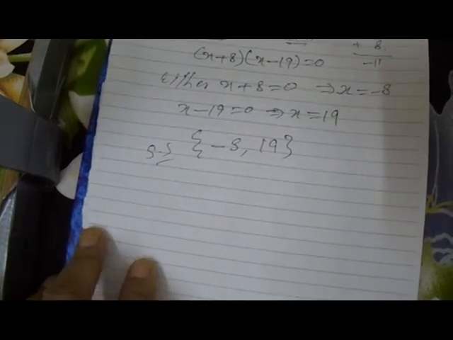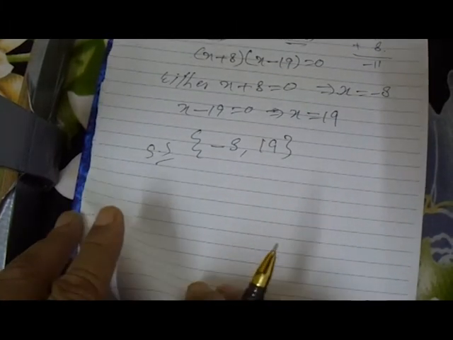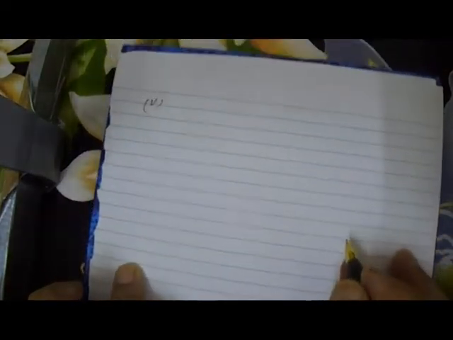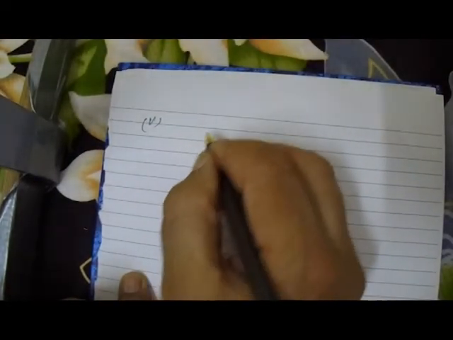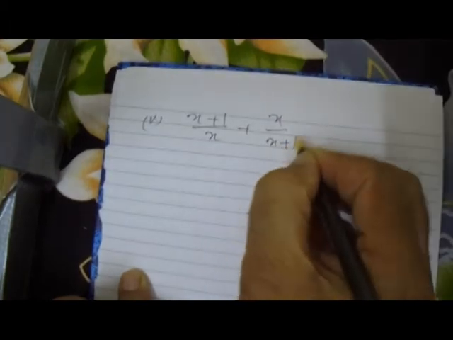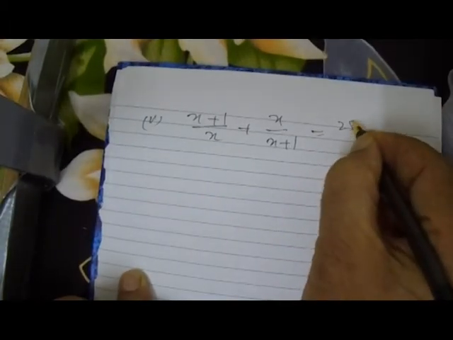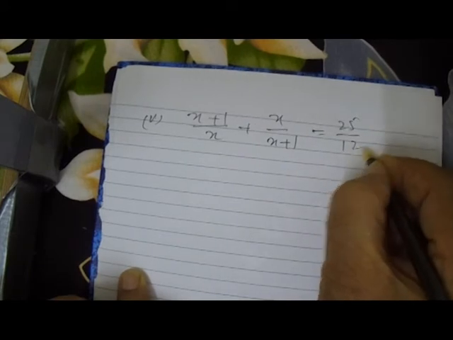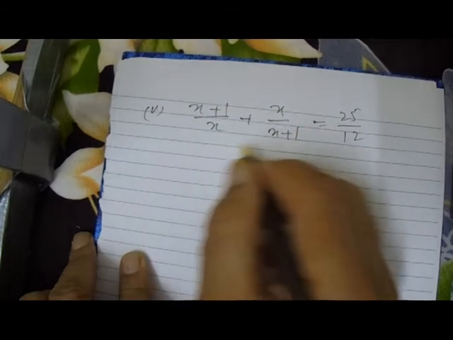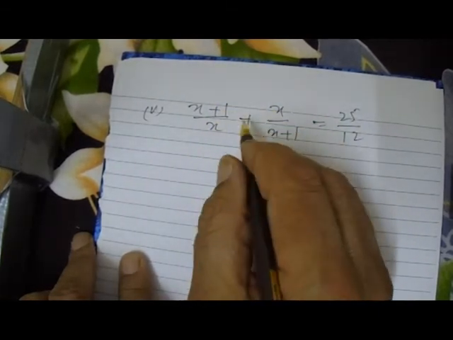Now again we write the next question, the fifth part. This is the fifth part: x plus 1 over x plus x over x plus 1 is equal to 25 over 12. Now we see, we make these fractions into the standard form of a quadratic equation.